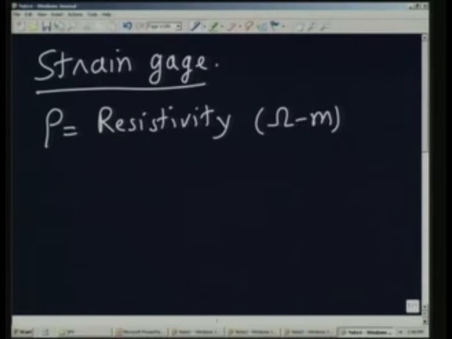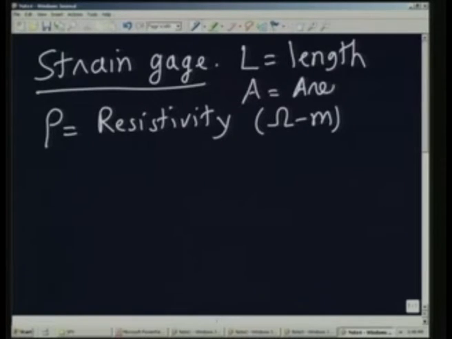So, the length of the conductor is L, and the area of cross section is A, area of cross section. Okay.